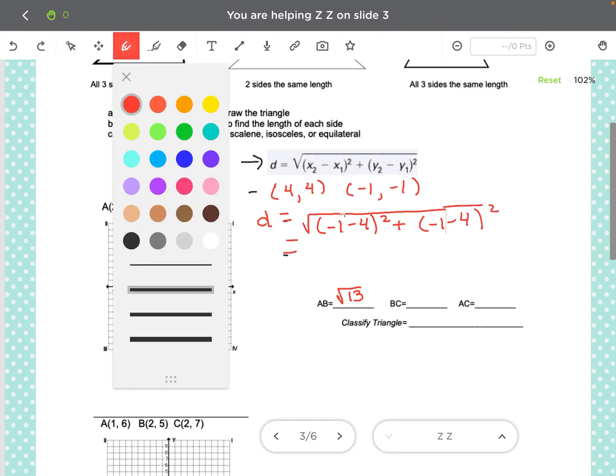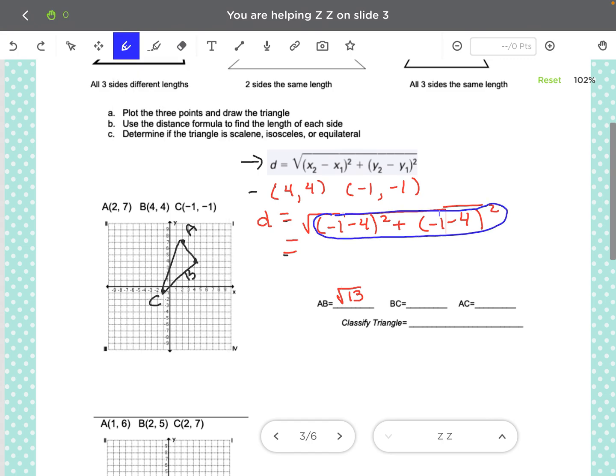And again, just use your calculator and type in everything exactly the way you see it that's underneath the square root. So type in parentheses -1 minus 4 squared plus parentheses -1 minus 4 squared. And if you type this in correctly, you should get 50 for this. So remember, these were the points that we used for BC. So this is going to be square root of 50.